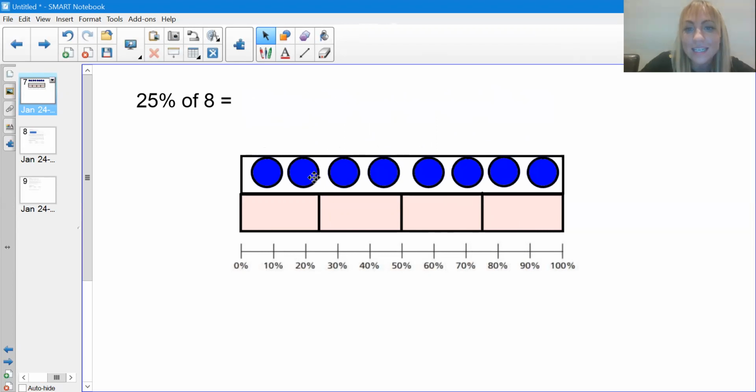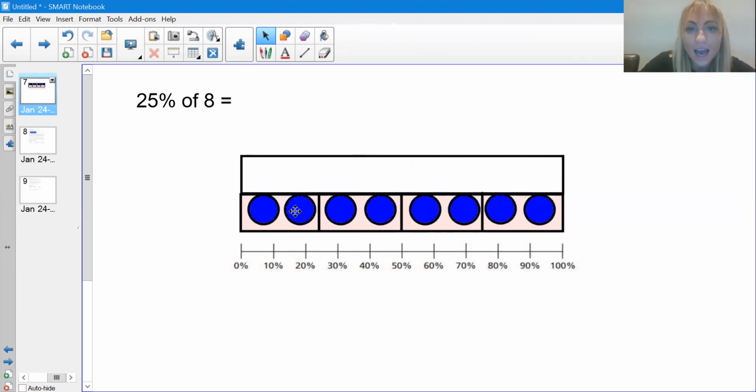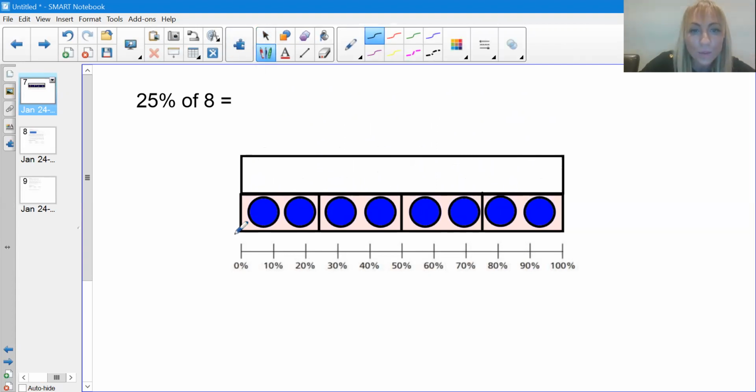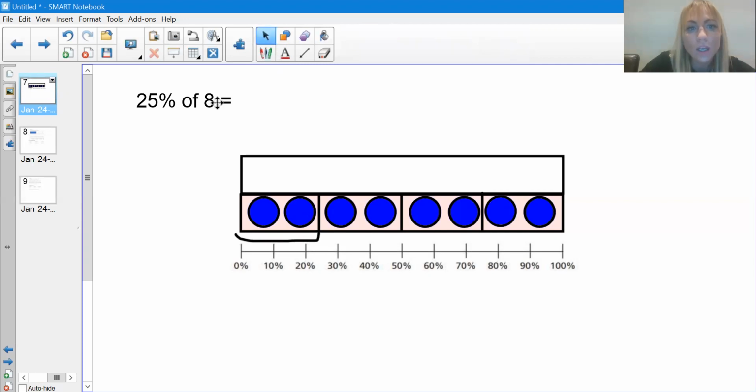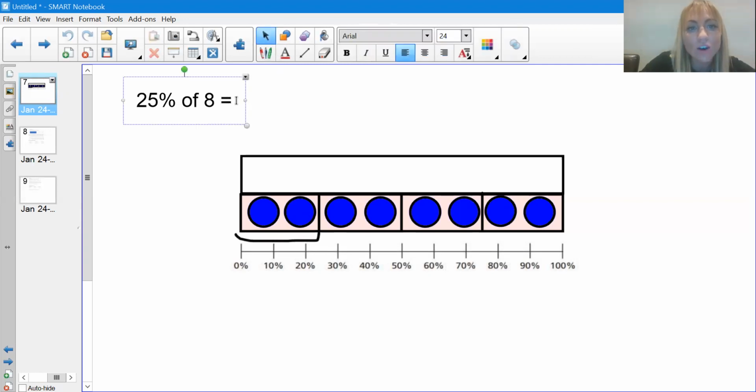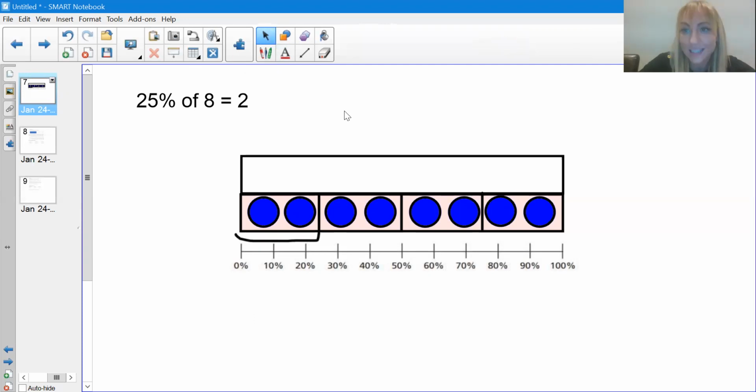So my 8 is my whole amount. 25% would be this bit here. And that gives me 2. So 25% of 8 is 2. I have split my 8 into 4 equal sections to find 25%.